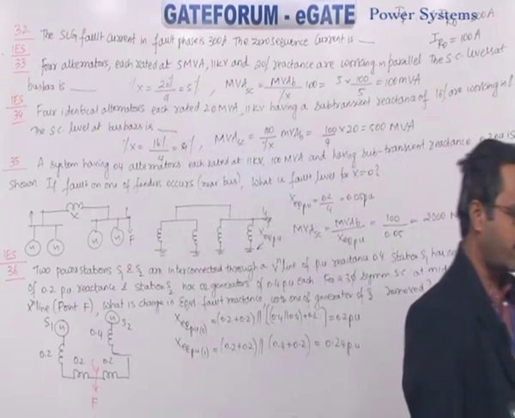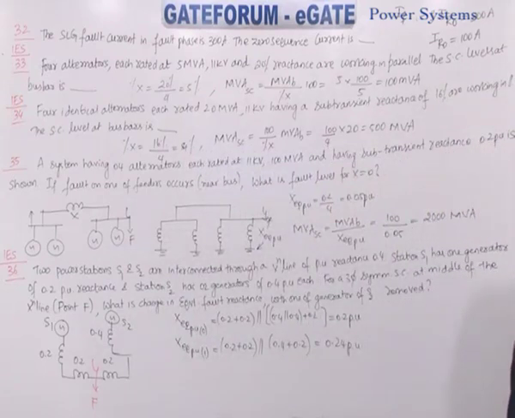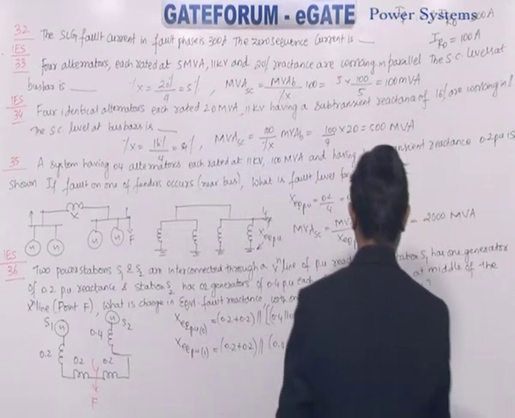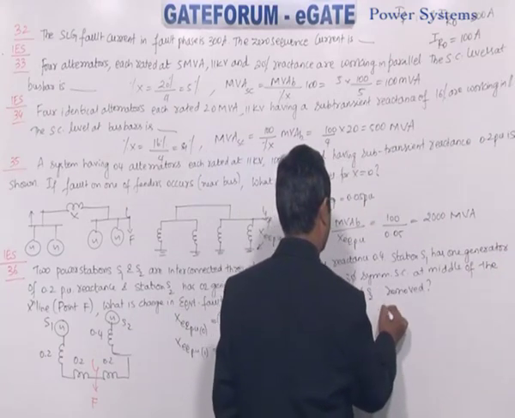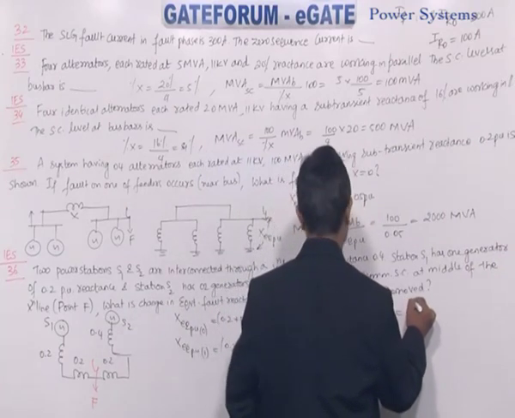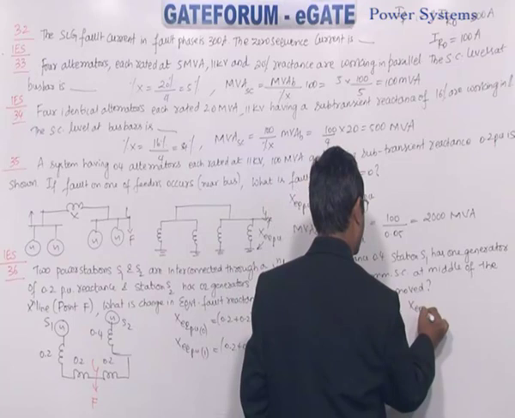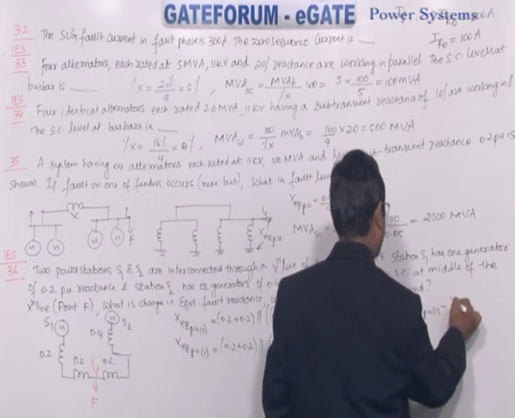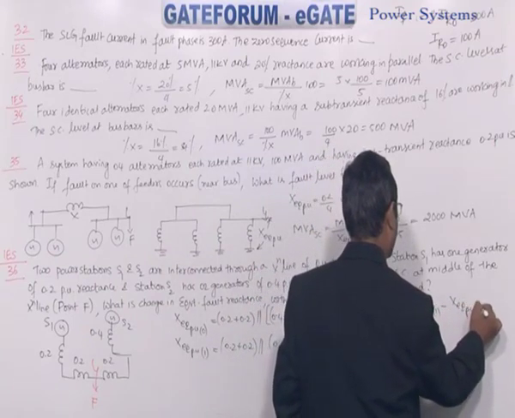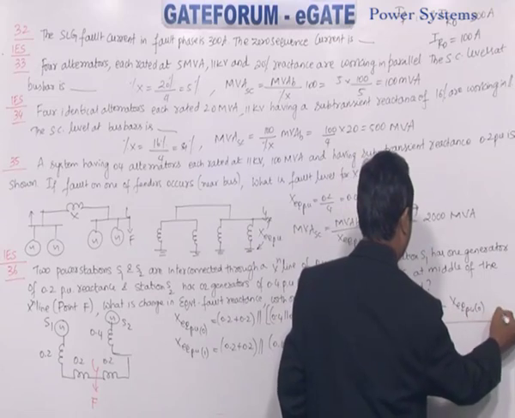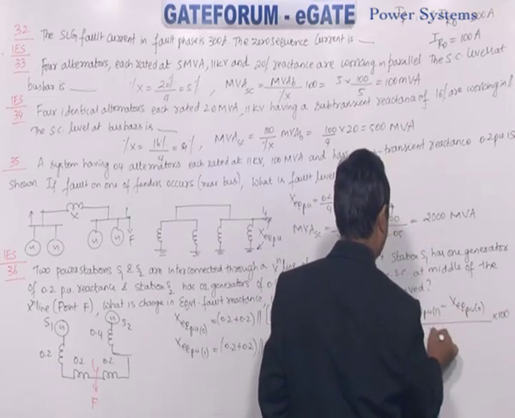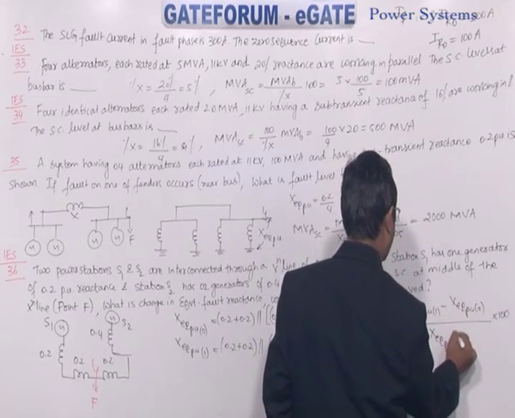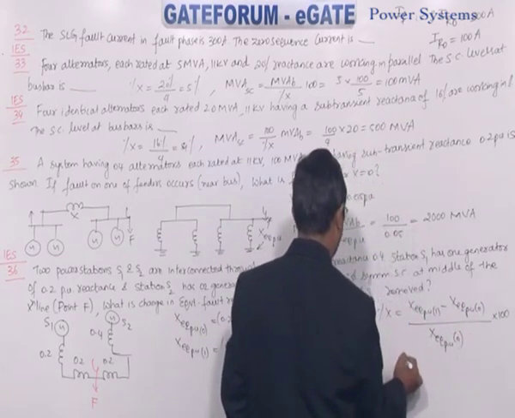So now we have to find out the percentage change in the reactance. How to write? During fault minus before fault, that is existing initially, divided by before fault.